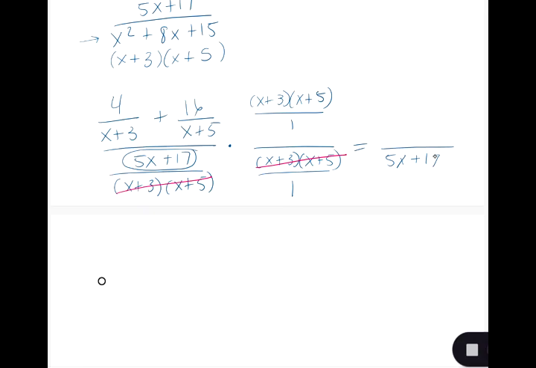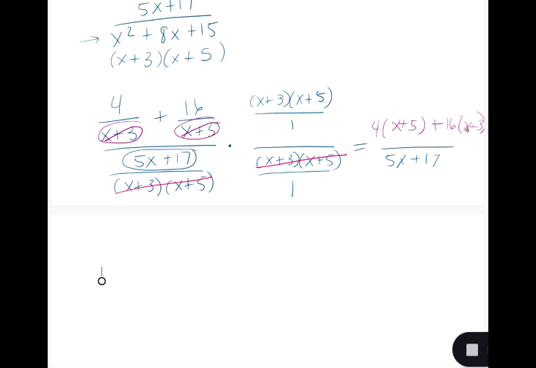Okay, and the numerator, on this side here, the x plus 3 is going to cancel, so I'm left with 4 times what's left, x plus 5, plus on this one, the denominator is going to cancel, 16 times x plus 3, what's left.